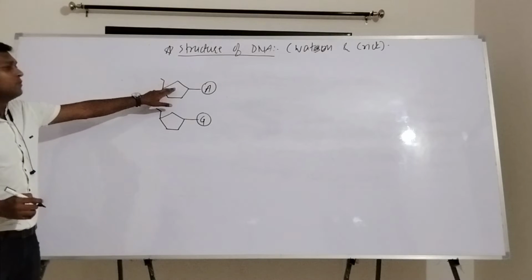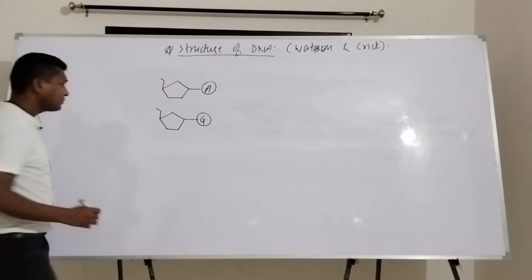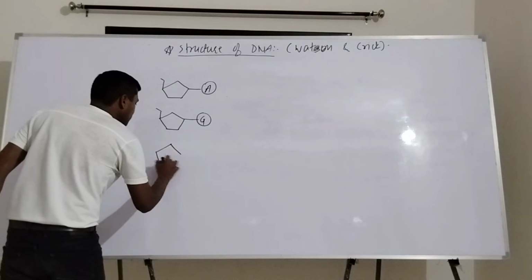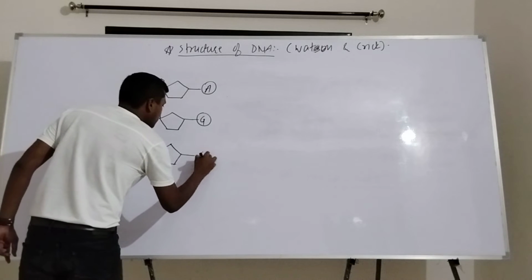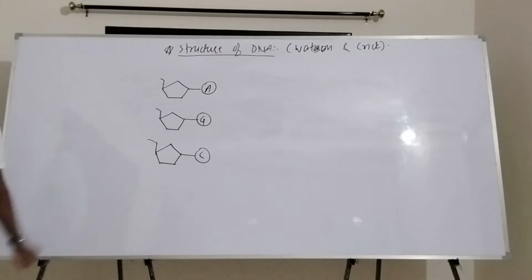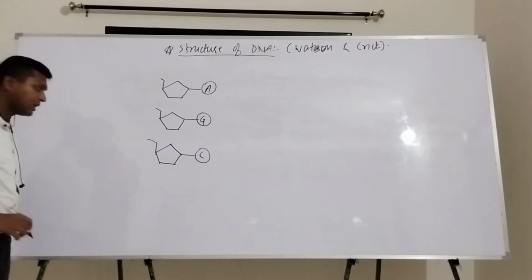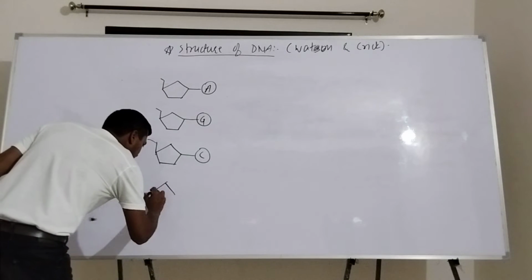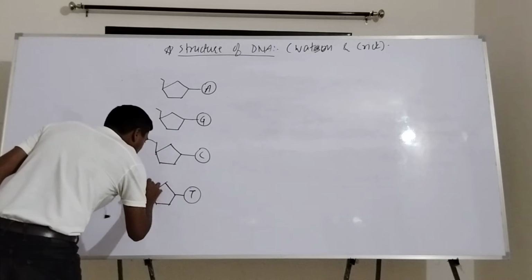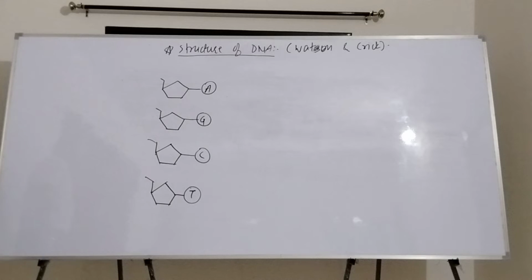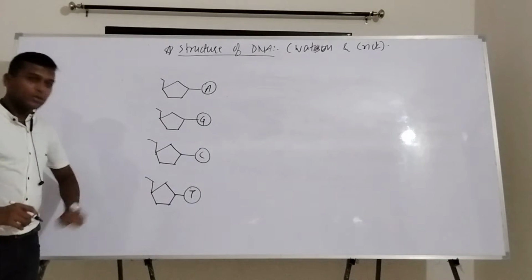This is one nucleoside, this is the second nucleoside. On the third part, there is cytosine at carbon atom number 1 in another nucleoside, and lastly there is another nucleoside. So these are the 4 nucleosides.